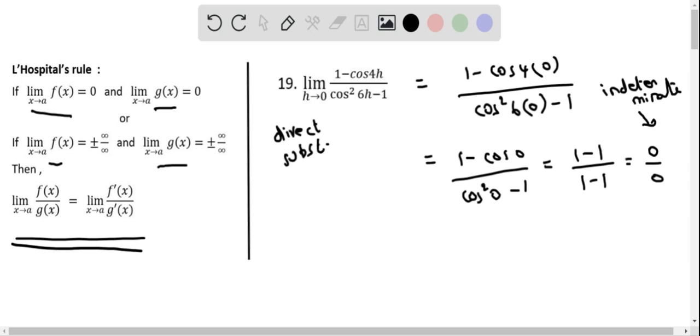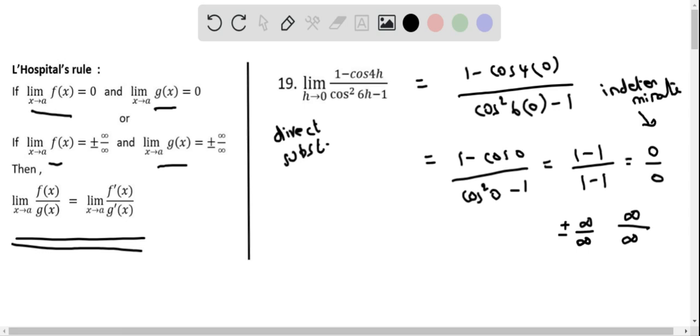So this is basically the limit of the derivative of f(x) divided by the derivative of g(x). We specially use this when we encounter indeterminate forms like 0 over 0 or infinity over infinity, or plus or minus infinity over infinity.